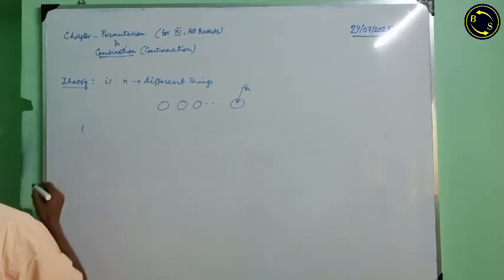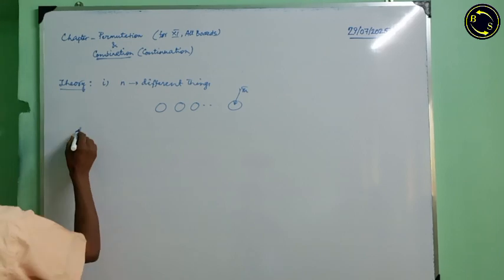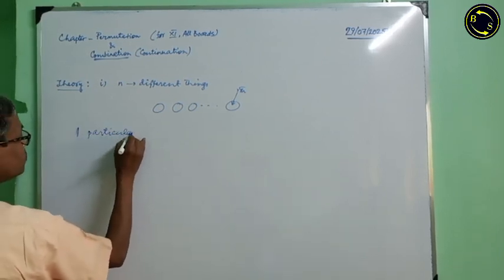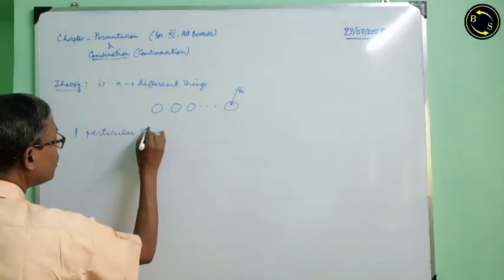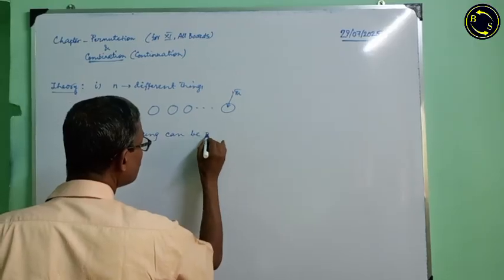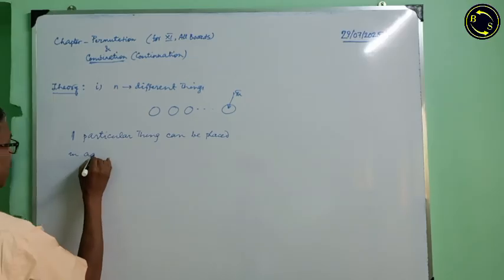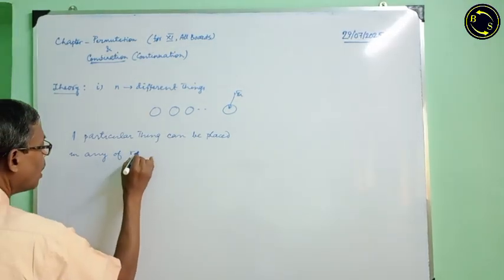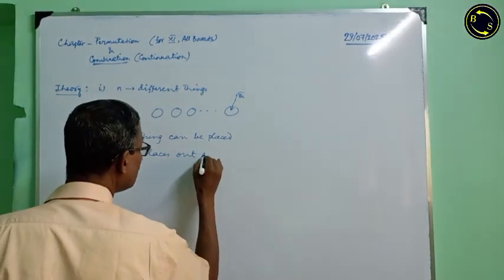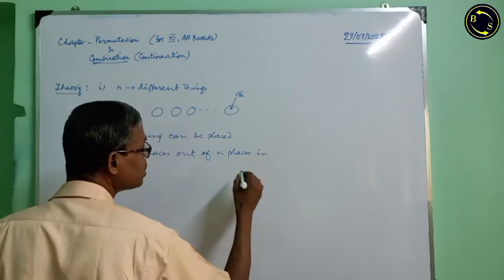One particular thing can be placed in any of r places out of n places in how many ways?